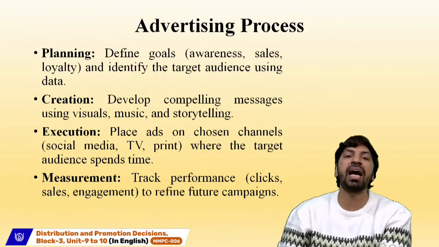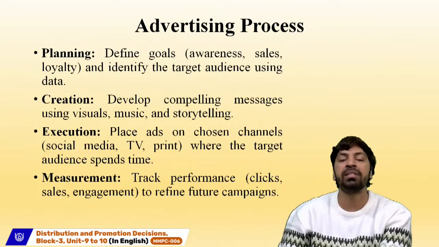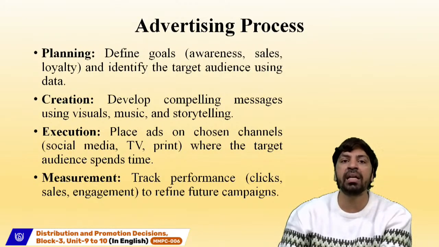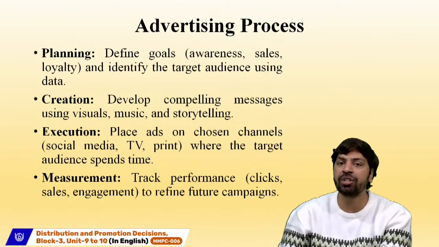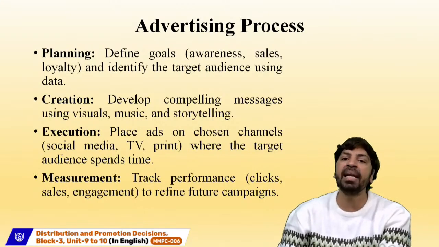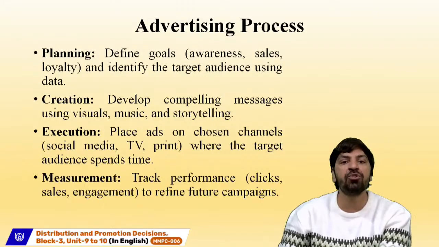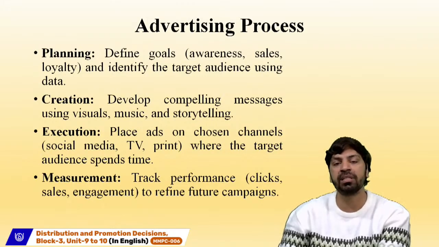Next is the advertising process. The first process is planning. It refers to defining the goals for awareness, sales, loyalty, and identifying the target audience using past data. Next is creation. It develops compelling messages using visuals, music, and storytelling.